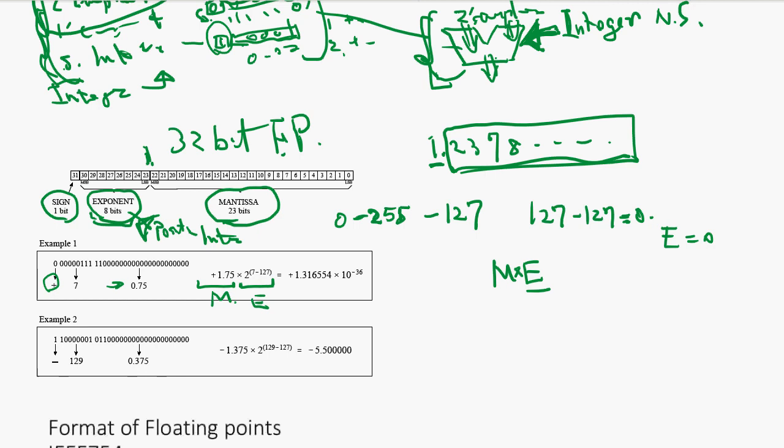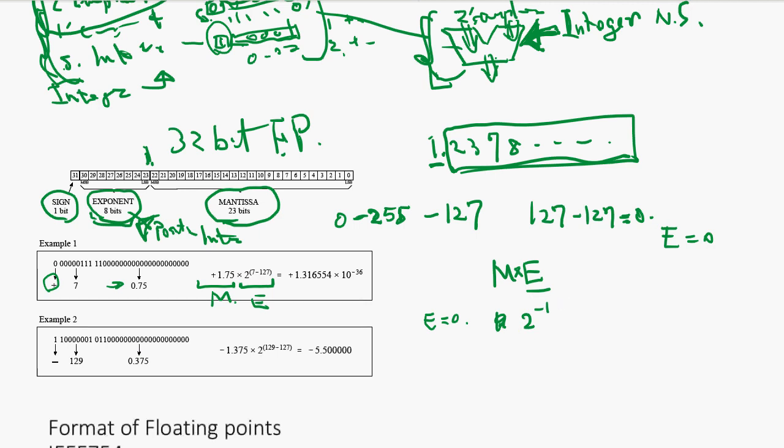Okay, so this is another example here. Now think about what is the smallest number you can express with this format. The smallest number is like, the exponent field is 0, so it's 2 to the minus 127.